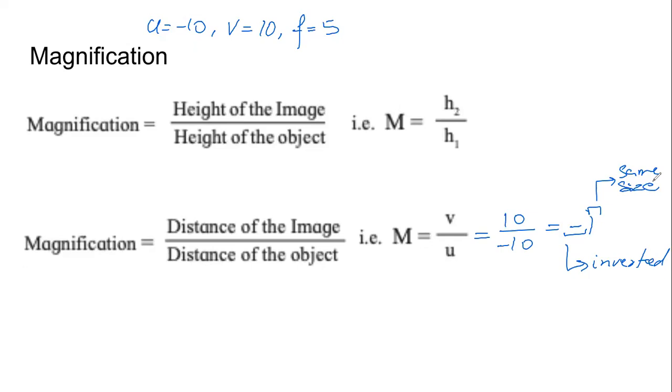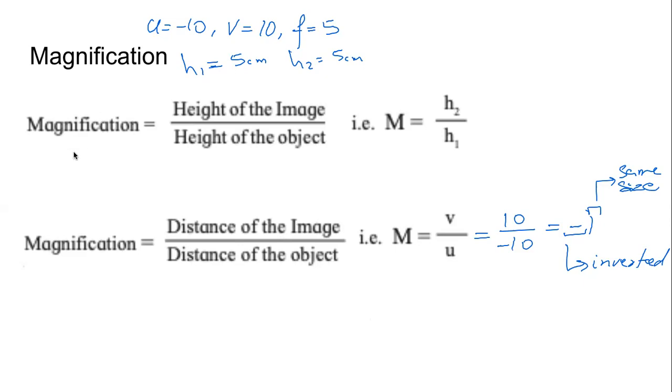In the same question, if we assume that the height h1 is say 5 centimeters, small one, and our h2 is also 5 centimeters, okay, height. How will we calculate the magnification?